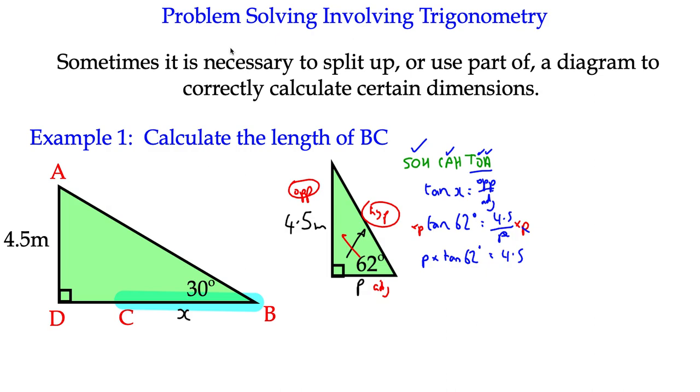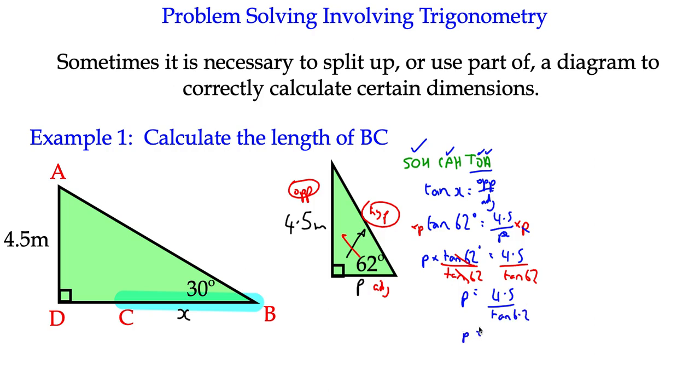One more step: we want to divide through by tan 62 on both sides, so they'll cancel out, and I've got P is equal to 4.5 divided by tan 62.